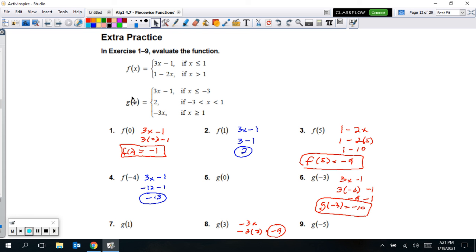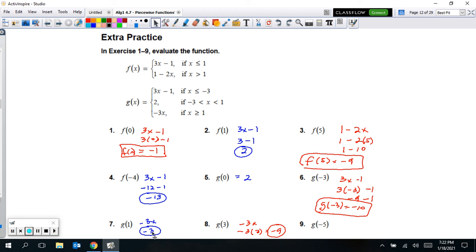Number 5, we're looking at the g function now, so out of here we get 0. And you can see 0, you're going to be using the one that's here, where 0 would be in between negative 3 and positive 1. So you're just going to say 2 for that one. It's nothing to evaluate. Your answer is just always going to be 2. Anything in between here is just going to be a 2. And then for g of 1, we're going to use the negative 3x one down here, because 1 is greater than or equal to 1.